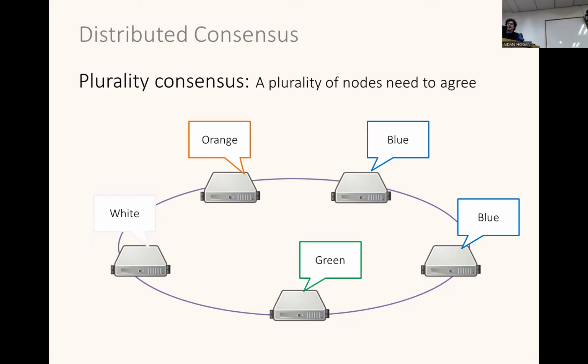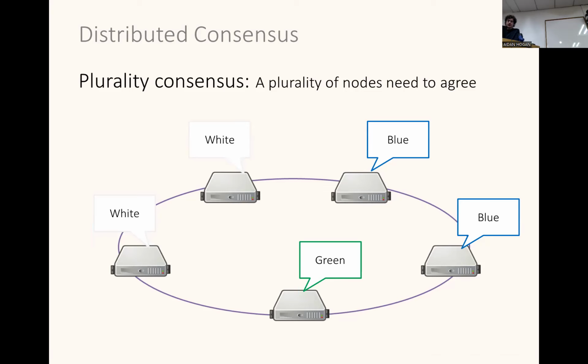In this case, we have blue with 2 responses, and then we have orange, white, and green. What we need is a plurality of nodes to agree. In terms of the maximum responses, it is for blue, and it's unique in that sense. There's no tie at the top. So there is a consensus. There is a clear plurality here.